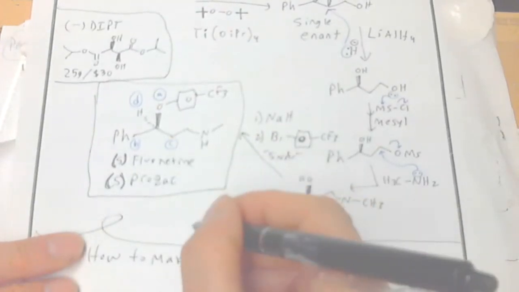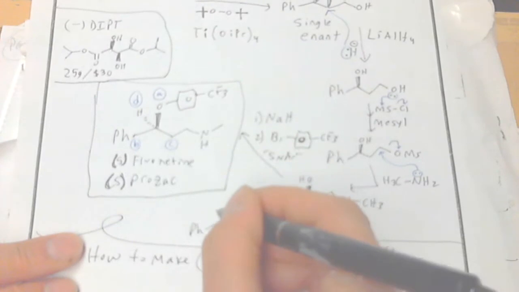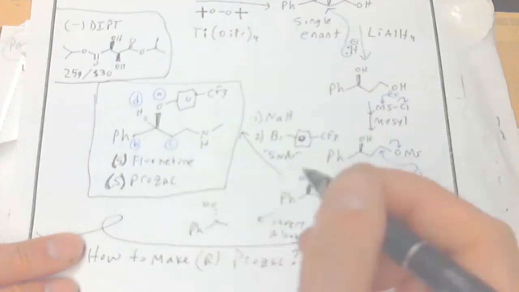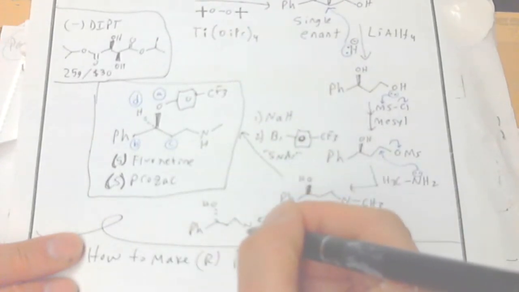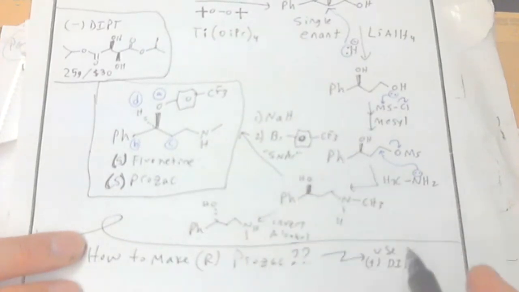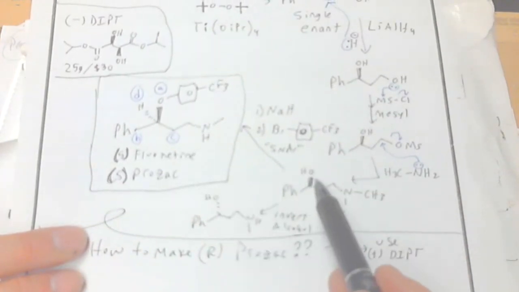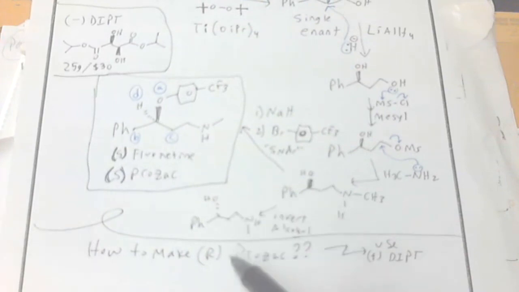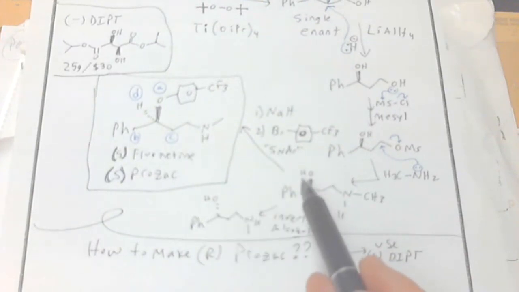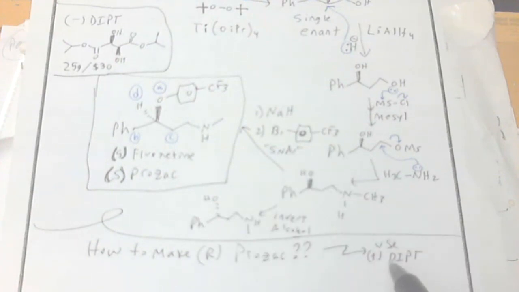There's ways to do that. I could actually turn the alcohol from towards us to away. People probably have done that. I don't know. It's pretty easy to use plus DIPT.